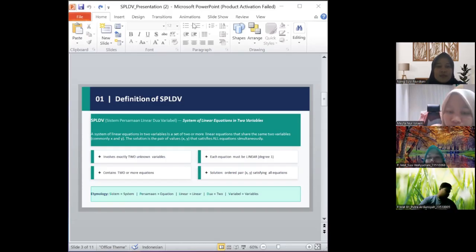The solution is the ordered pair (x, y) that satisfies all equations in the system at the same time. Is everyone clear so far? Yes, Miss. I understand.